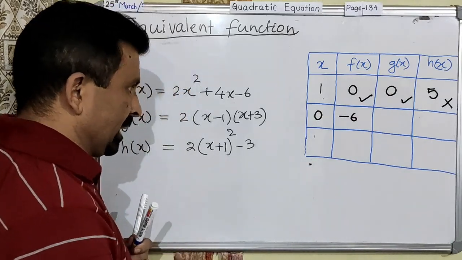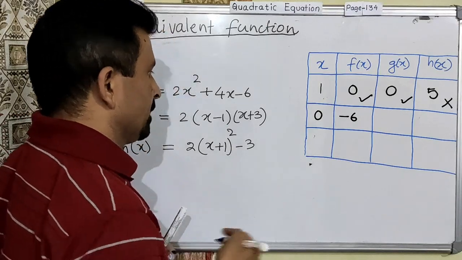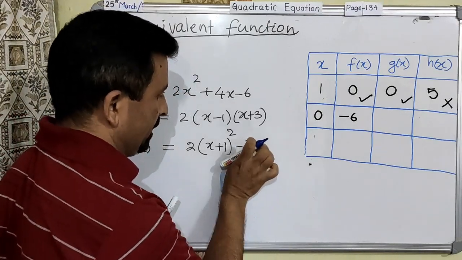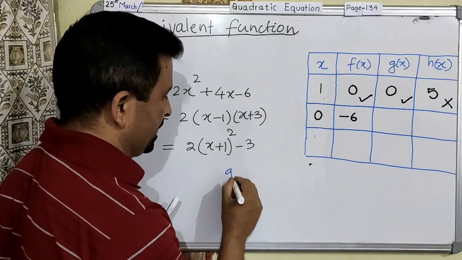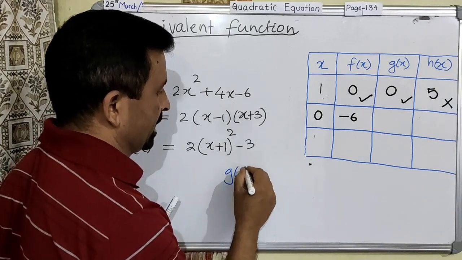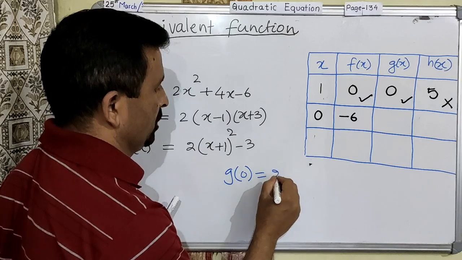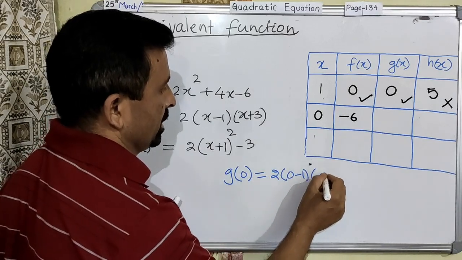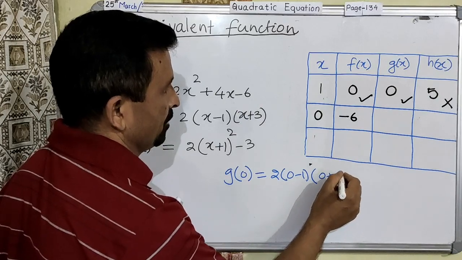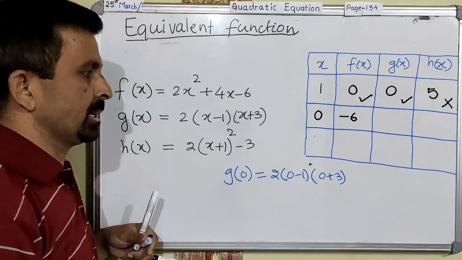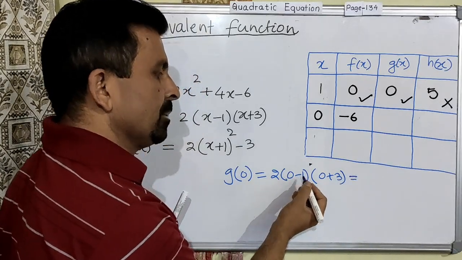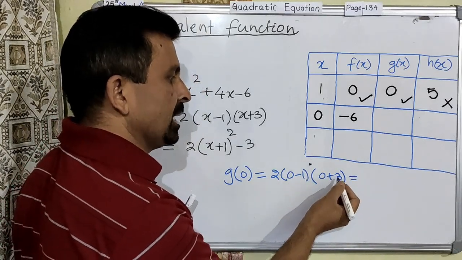Now we'll take the same value of x in the factored form. So g(x), we are taking x as equal to 0. So 2 into (0 minus 1) into (0 plus 3). Is it alright? Now see what happens. 0 minus 1 is minus 1. 0 plus 3 is 3.